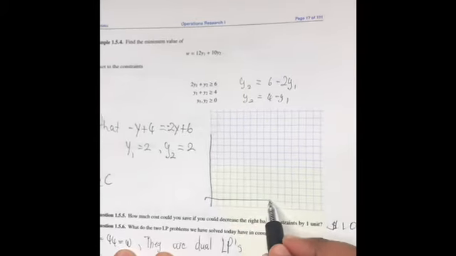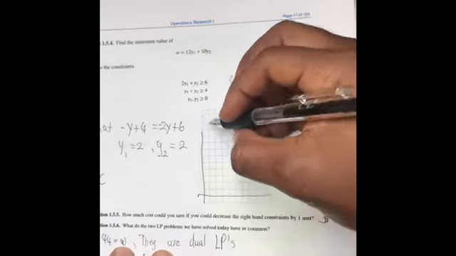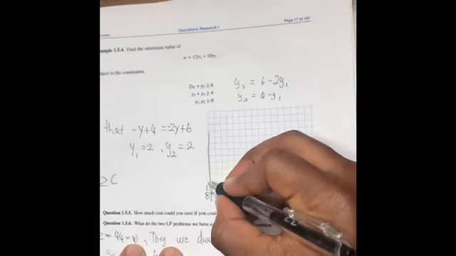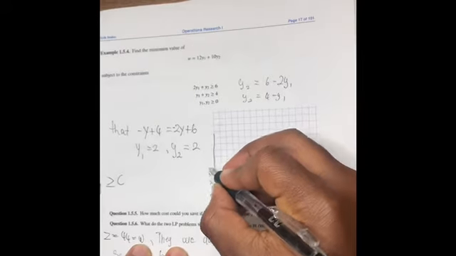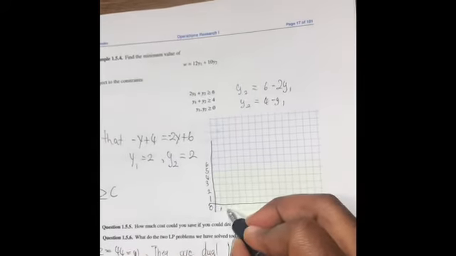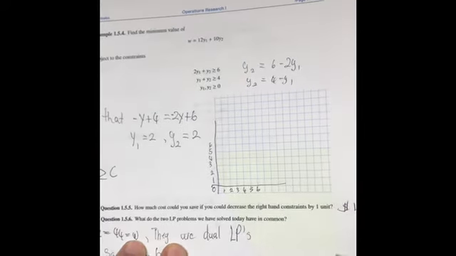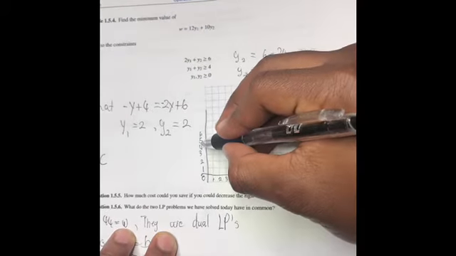My graphs might be a little sloppy, but bear with me. Now we'll plot the graph.